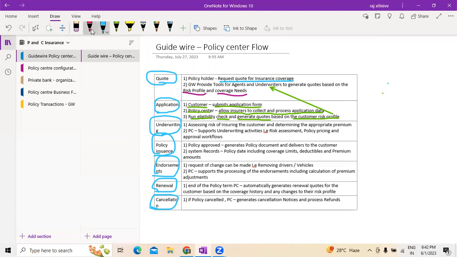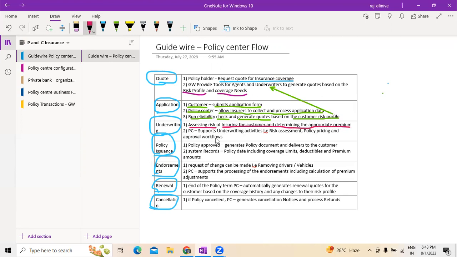Once that is done, the next is about the underwriting process, as I told you, because this is where underwriters generally come into the picture once the application is in, because agents will be working on it. At the same time, the underwriting process will also be initiated, but the major focus will be mainly on this third step, where the underwriters have to assess the risk of insuring the customer and determine whether the premium is appropriate or not.